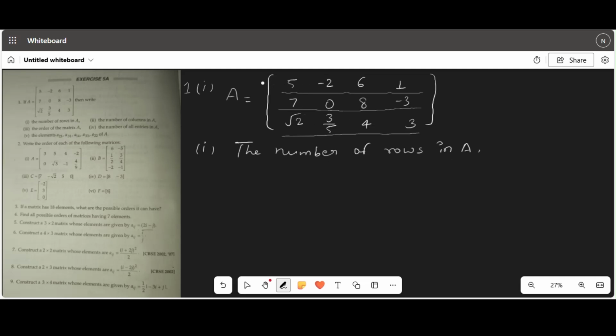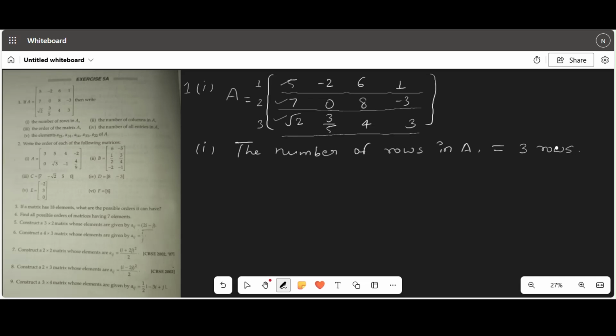How many rows? First, second, and third. Here we are representing three horizontal lines. So when we are counting rows, first row, second row, and third row. So the solution of this question is the number of rows in A will be 3 rows. How many rows? 3 rows.